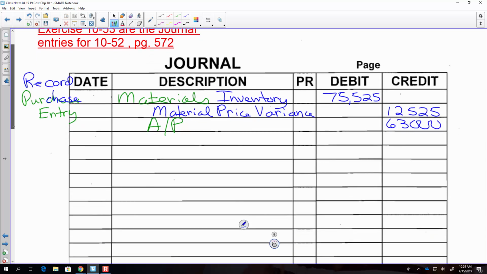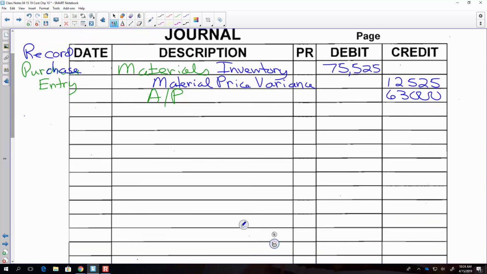Now we get to our next entry. Used in production. Sometimes the word is requisition. Requisition into production. So again, just watch for terminology.